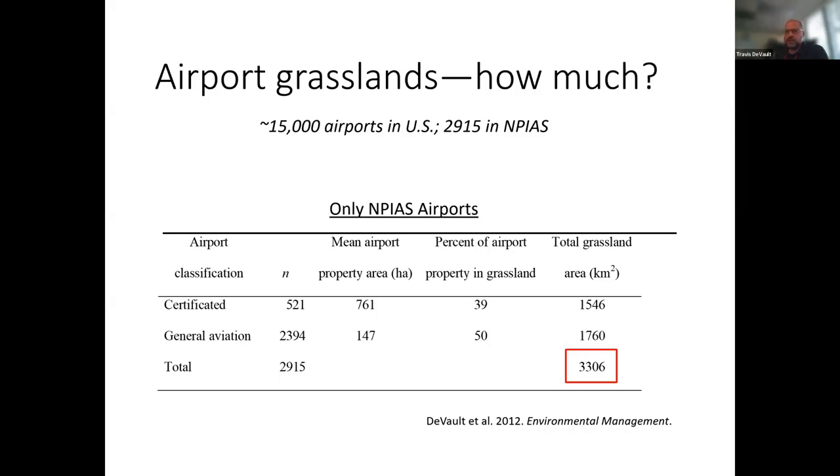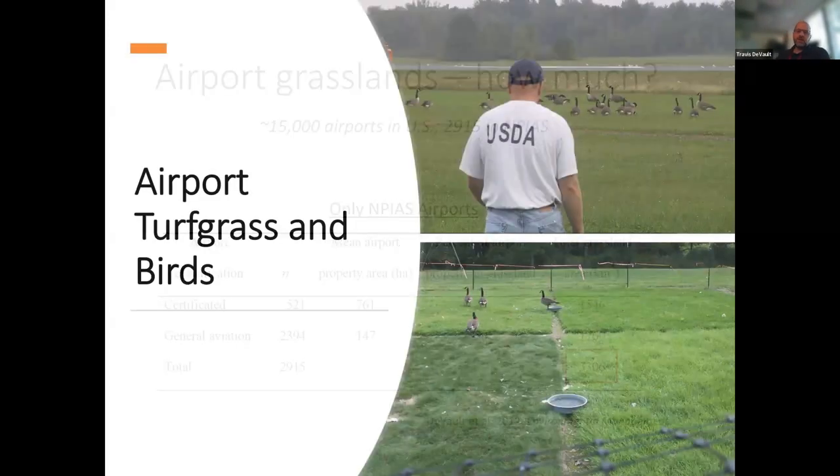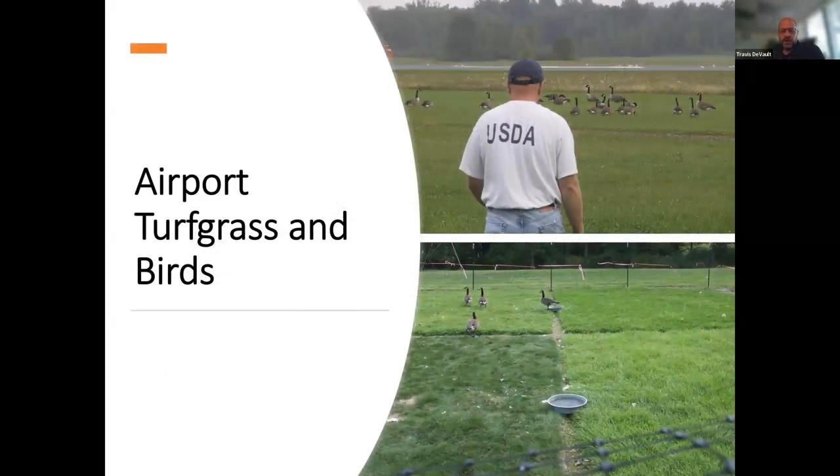And so given the predominance of grassland at airports, you can imagine that it's really important to know something about how that grassland affects bird communities, and especially the hazardous bird communities that are attracted to those sites. There has been a lot of research done over the years, much of it by Brian Washburn, Brad Blackwell and Tom Seamans at the National Wildlife Research Center in Sandusky, in collaboration with USDA Wildlife Services biologists around the country.